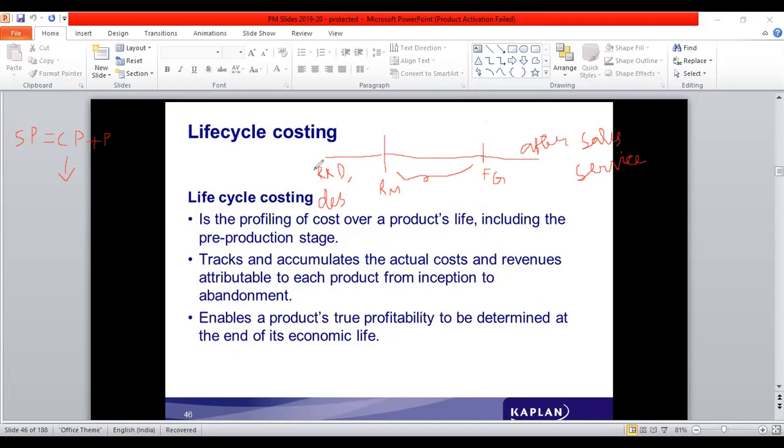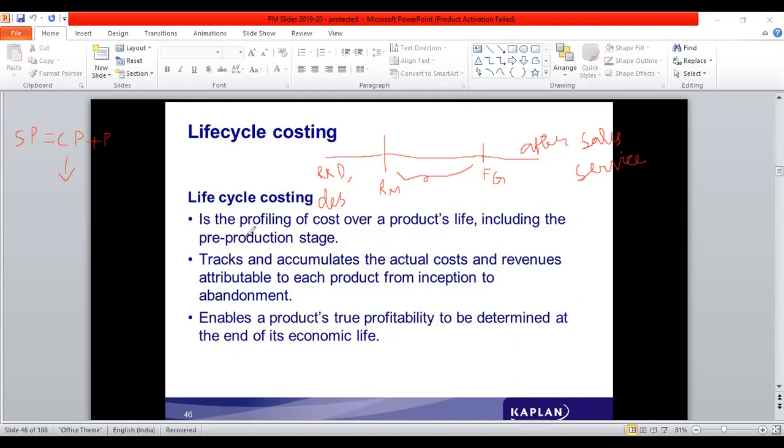So generally they are not included into the total cost to decide what is the cost price per unit. So that is one issue there, wherein later on, after everything is done, if these costs have to be recovered, then the revenue may not be sufficient to absorb these costs. So what does life cycle costing suggest?